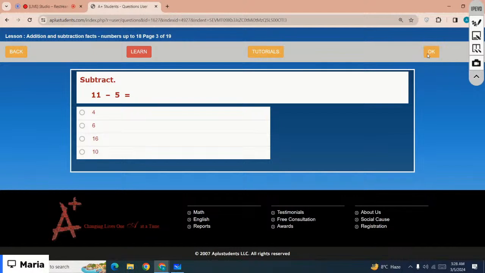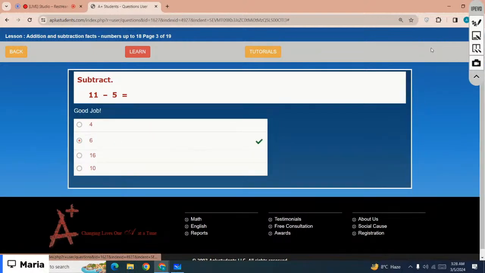The correct option is 11 take away 5 is, yes, 6 it is. The correct option is 6. You have to simply subtract.